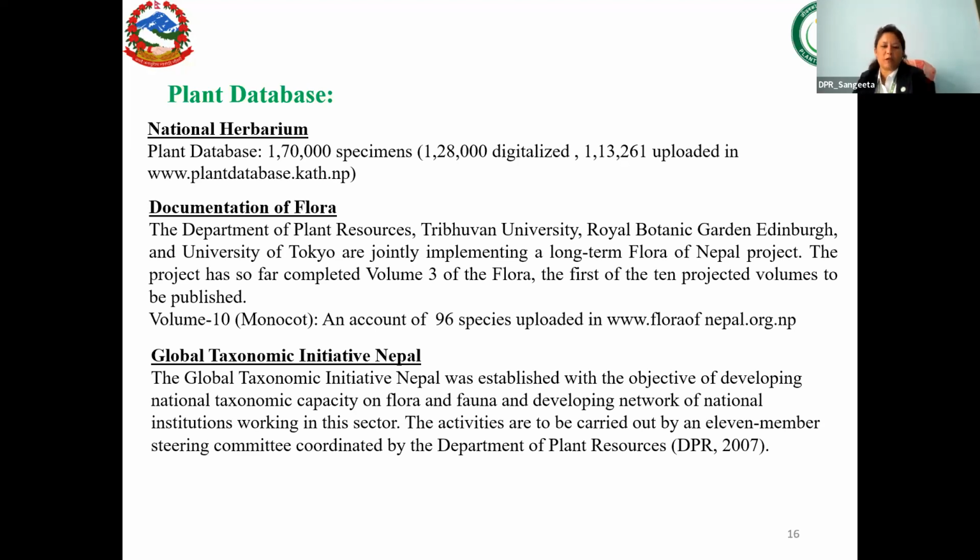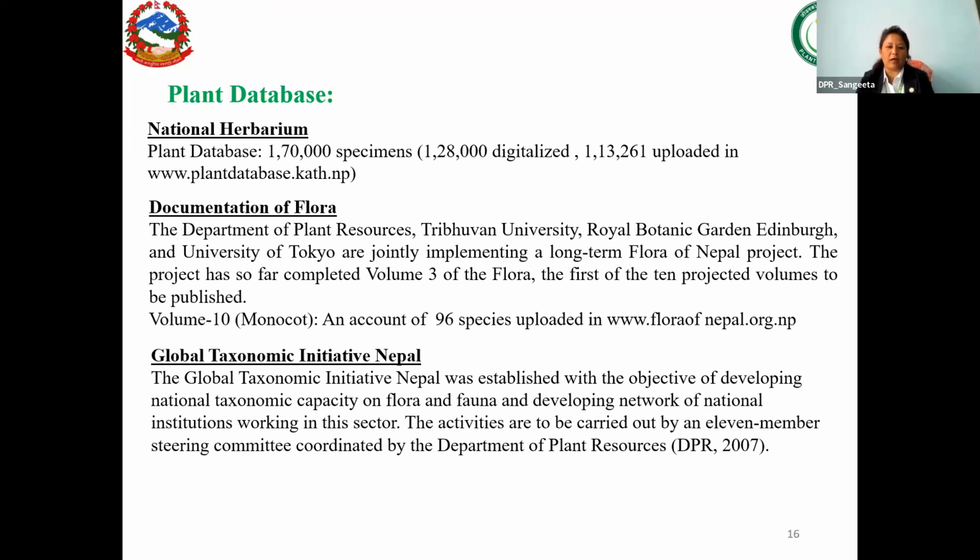Among those herbarium specimens, 1,28,000 are already digitized, and 1,13,261 herbarium specimens are already uploaded to www.plantdatabase.cart.np. And from this database, everybody can go through the digitized images of the herbarium of the plants.